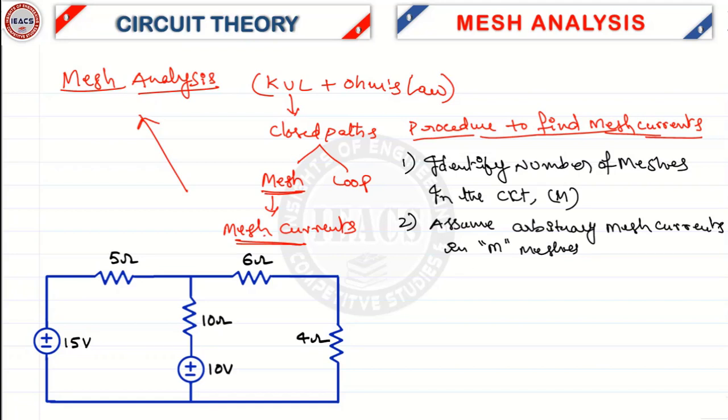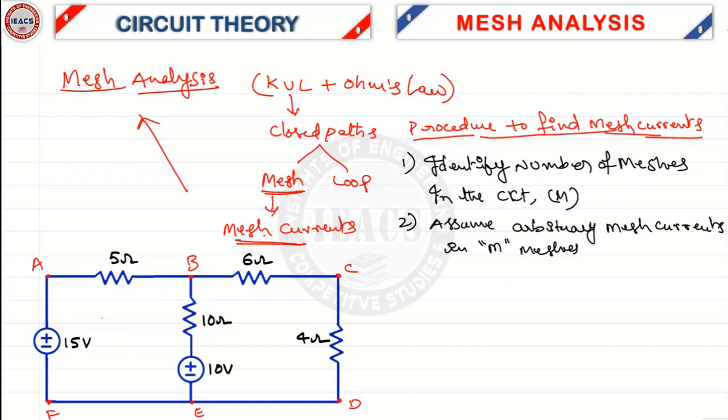To get a better readability of meshes, let us name the circuit. Let this node be B, this C, this node D, let this node be E, and let this point be F, for better readability. So as a second step, assume arbitrary mesh currents.